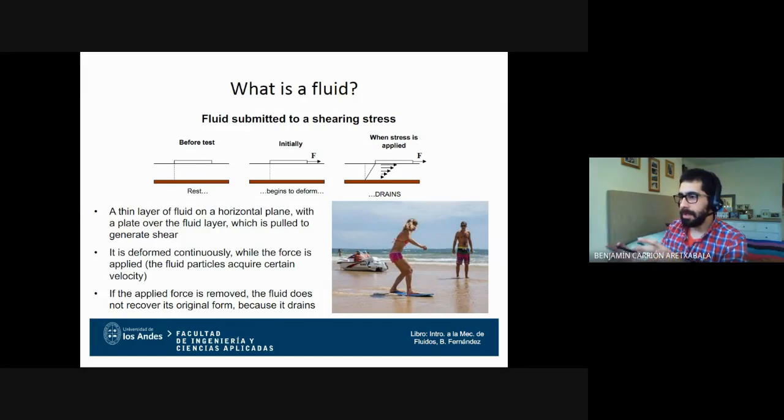It's important that it is considered as a stress, because for this analysis we're going to work at points, and at points you don't have the total force, but rather the stress, which is how it distributes over the surface.